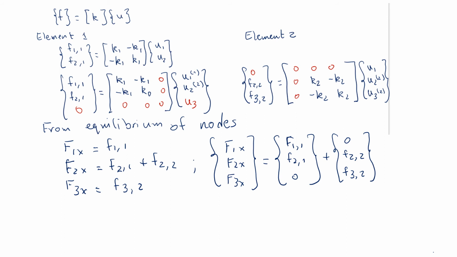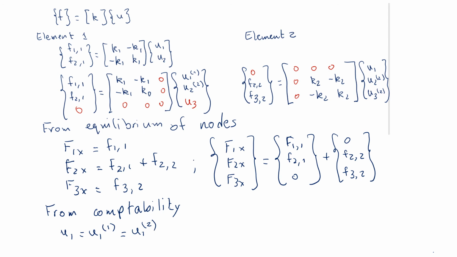From compatibility, we also were able to say that U1 for the global structure must be the same as U1 of element 1, and even though element 2 does not exist there, it would be the same as U1 of element 2.